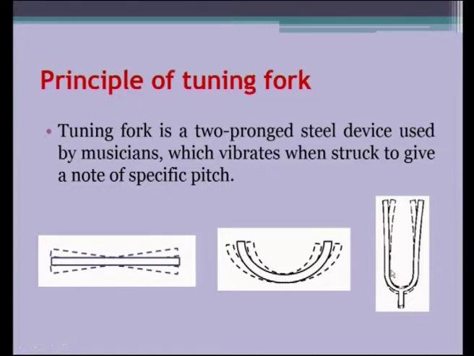Finally the modified one is called the tuning fork, which is fixed here, and here we have the handle. When we strike this end, vibration is produced in the prong, and this will produce a specific frequency. So, this is the science behind the tuning fork.